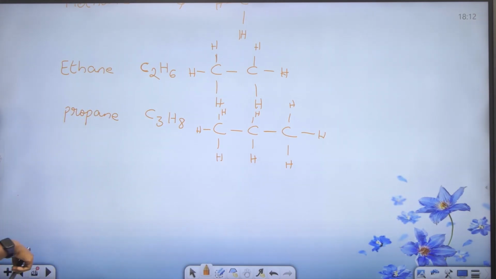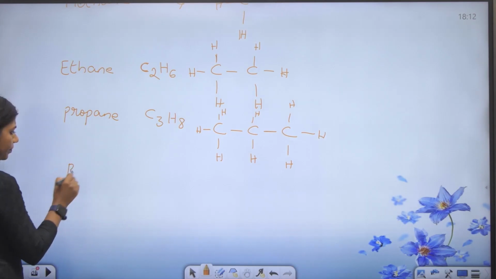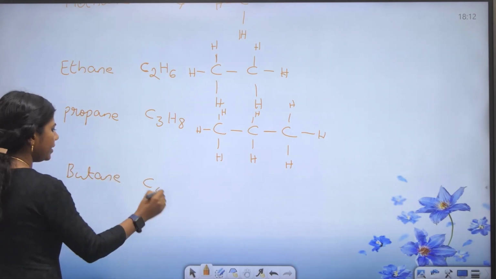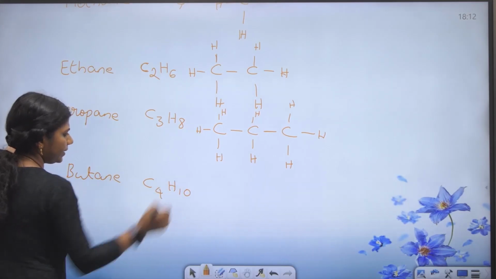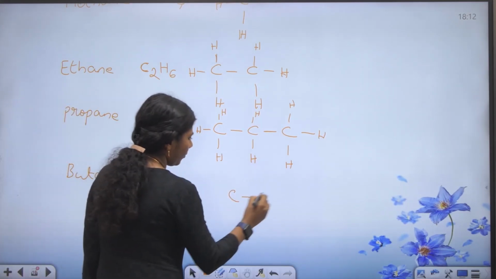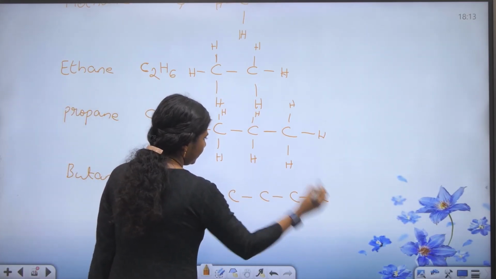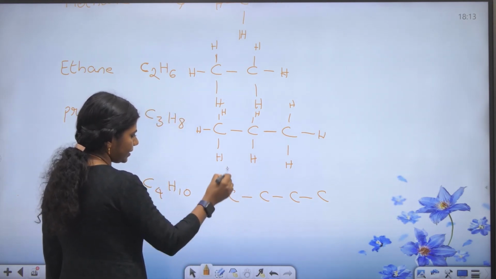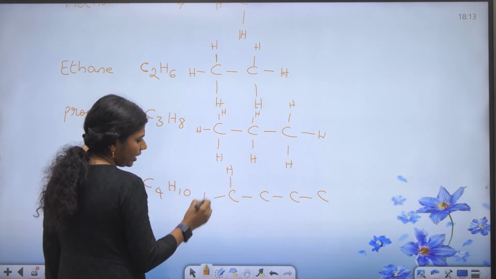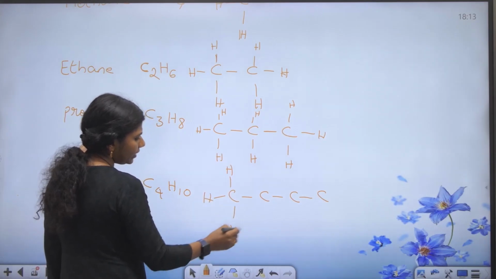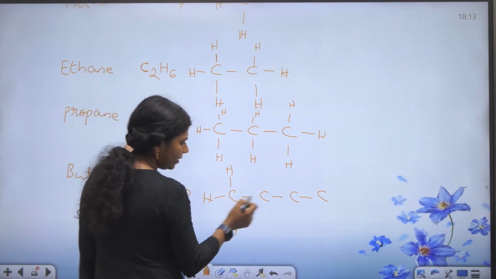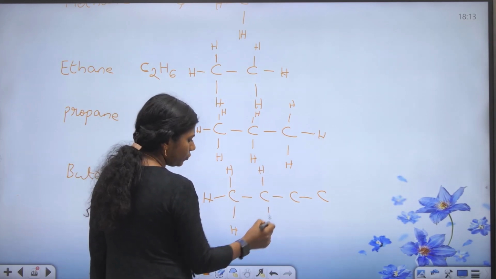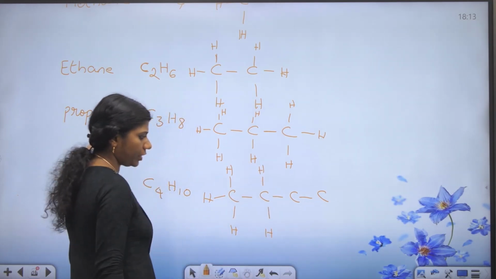And next one, butane. The molecular formula is C4H10. 4 carbon atoms are present. The first carbon atom satisfies only 1 valency, and the remaining 3 valencies are satisfied by 3 hydrogen atoms. The second carbon atom satisfies 2 valencies, and the remaining 2 are satisfied by 2 hydrogen atoms.